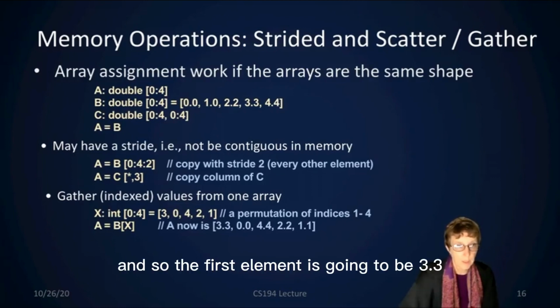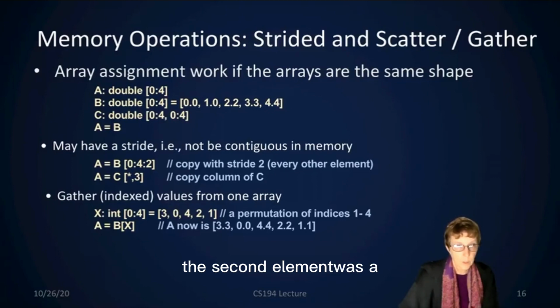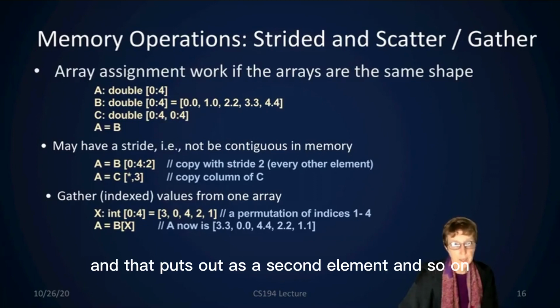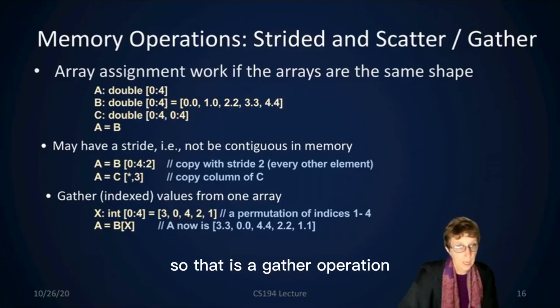So the first element is going to be 3.3. The second element, in the index list, is a 0, so that gets the 0.0 out of B, and that puts that as the second element, and so on. So that is a gather operation.